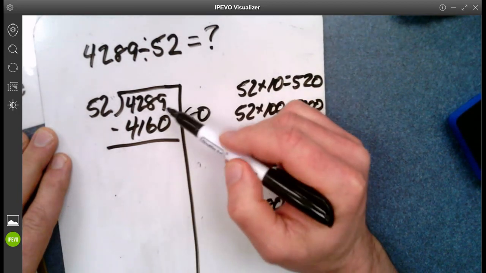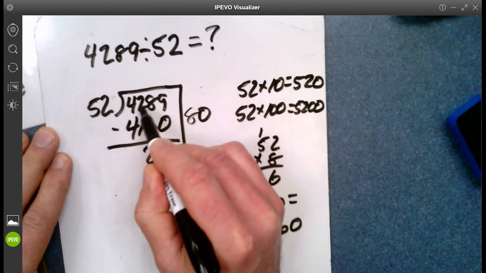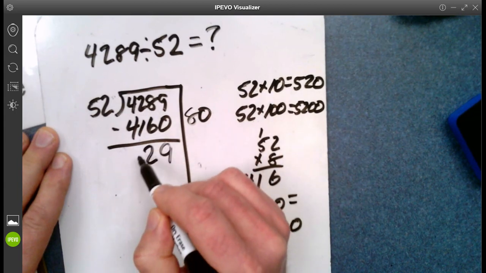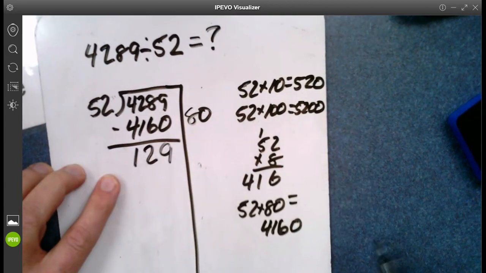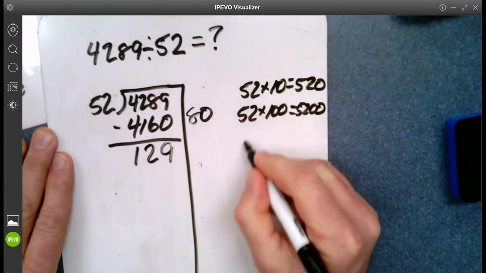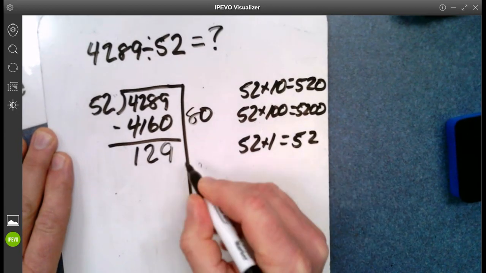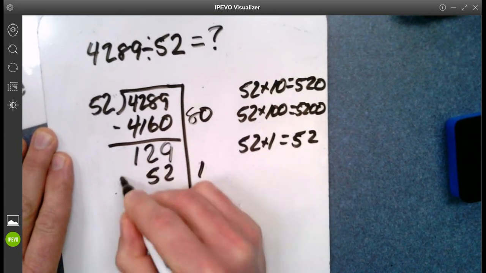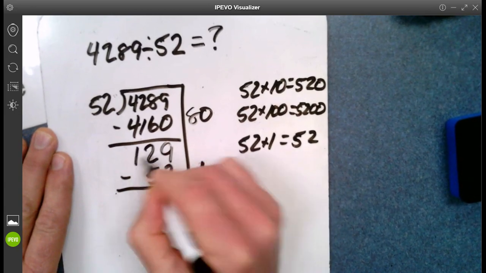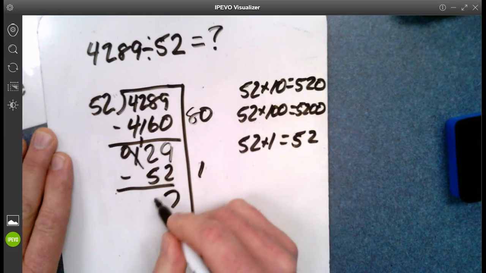Okay. So now I just subtract 4,289 minus 4,160. 9 minus 0 is 9. 8 minus 6 is 2. 2 minus 1 is 1. And I have 129. So I'm going to make sure I give myself some space. Well, now I know 52 times 1 is just 52. Okay, so I'm just going to do minus 52. 9 minus 2 is 7. Can't do 2 minus 5. 12 minus 5 is 7.